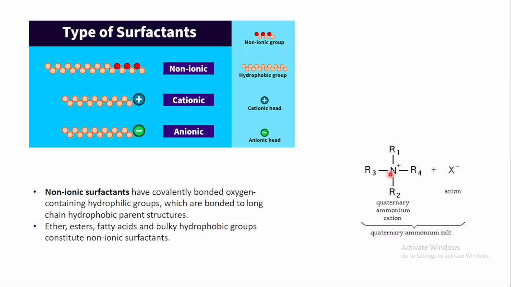Generally, the valence of nitrogen is 3, but here in a quaternary structure there are 4 R groups attached to the nitrogen atom and an anion to balance the charge. So this is not a non-ionic surfactant. It's a cationic surfactant because there is a positive charge on the quaternary ammonium cation, right?